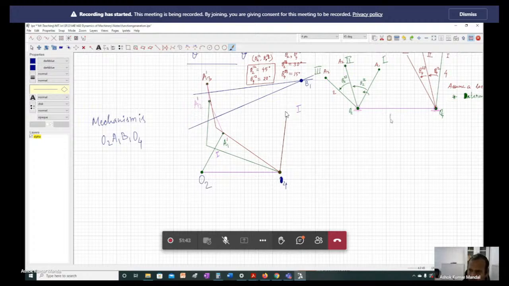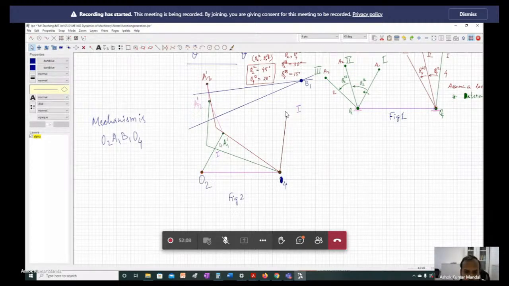This is our figure 1 from where we have started. This is figure 2 where we did all the inverted positions, but we want to draw the mechanism fresh. So I am just copying the points, all the hinge points. This is link 1, okay, fine.